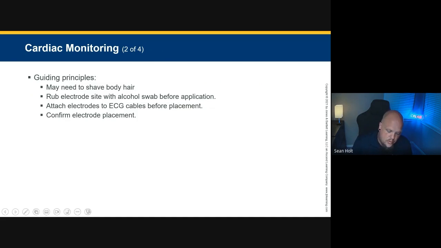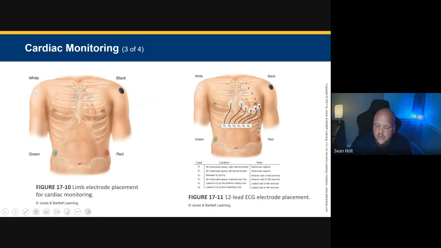Okay. So then they say confirm electrode placement. That means if you're doing this, you should have been trained how and should have no doubt where those stickers go. Otherwise, if we get stickers placed backwards, it will give the wrong interpretation to whoever's trying to read it.